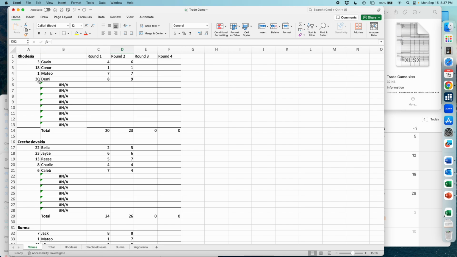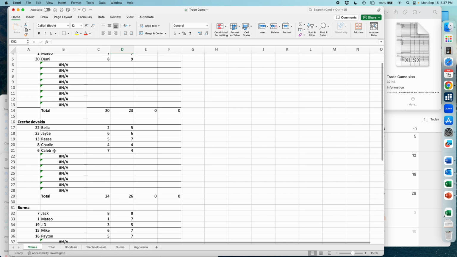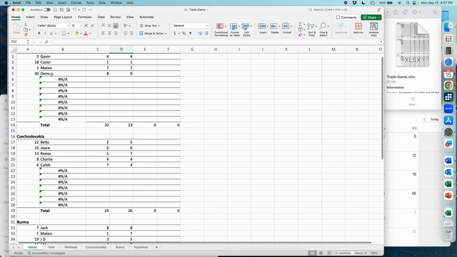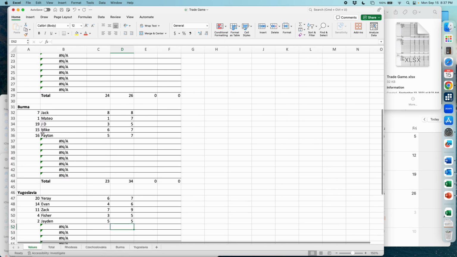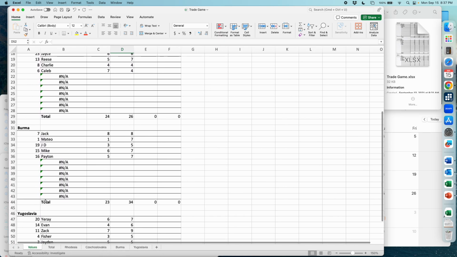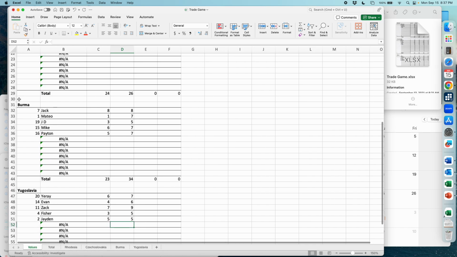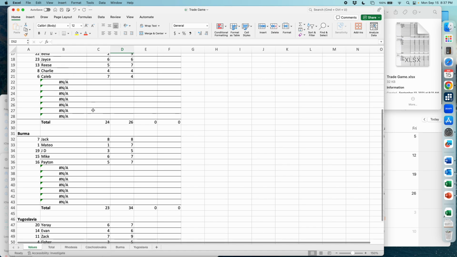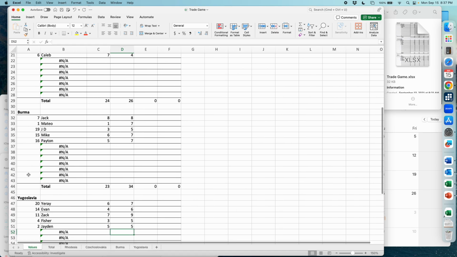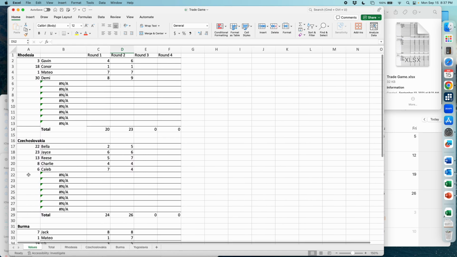Rhodesia and Czechoslovakia cannot trade with Burma or Yugoslavia. Burma and Yugoslavia can only trade amongst themselves, right? So I'm maintaining this border so that Burma and Yugoslavia don't interact with Rhodesia and Czechoslovakia, and vice versa.